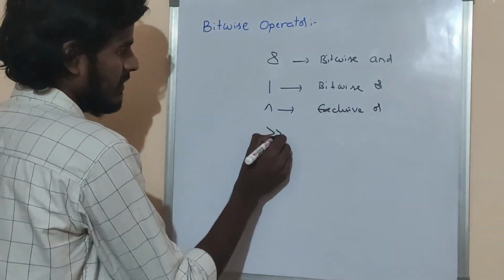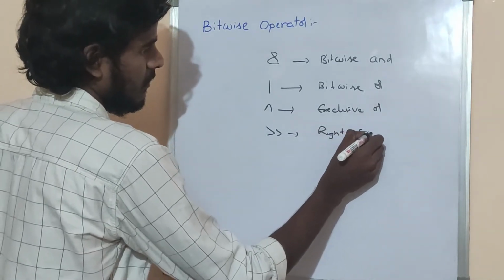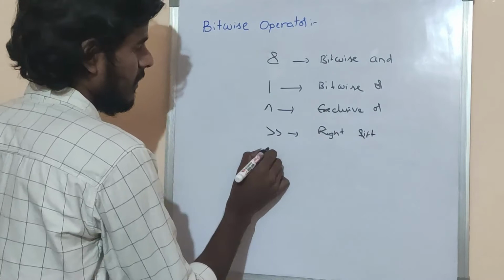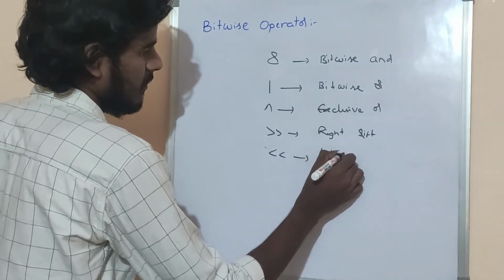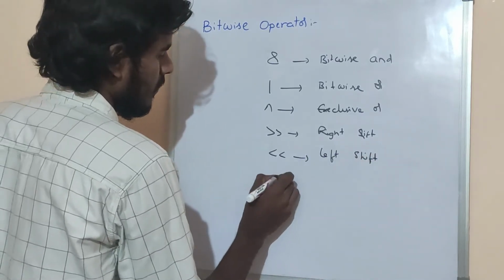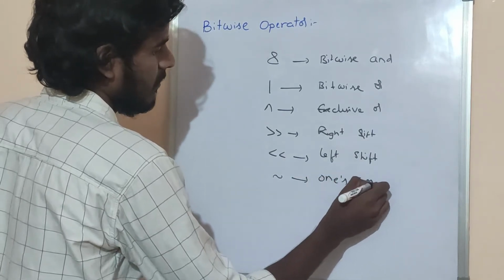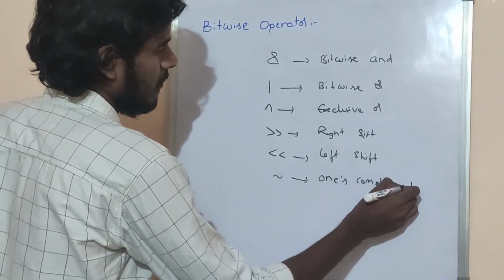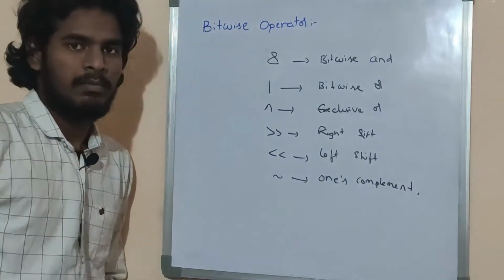Okay, this is right shift. This is left shift. This is one's complement. Okay friends, these are the various symbols in bitwise operator.